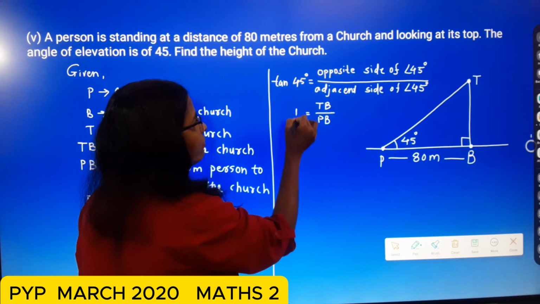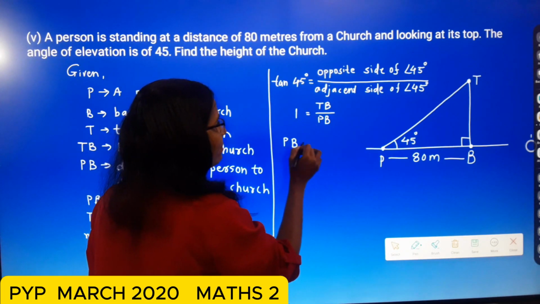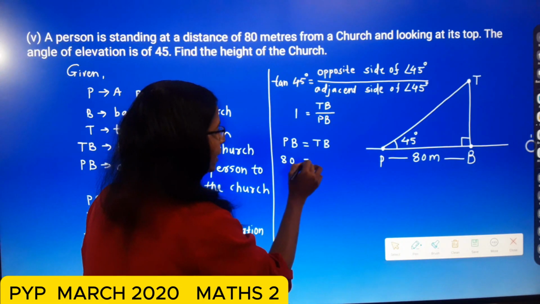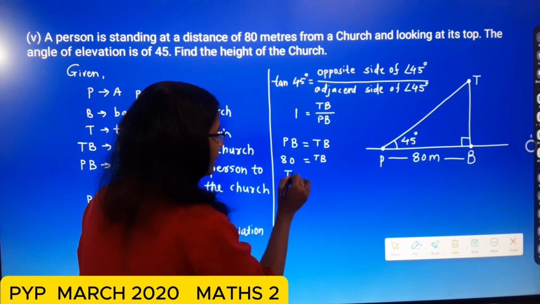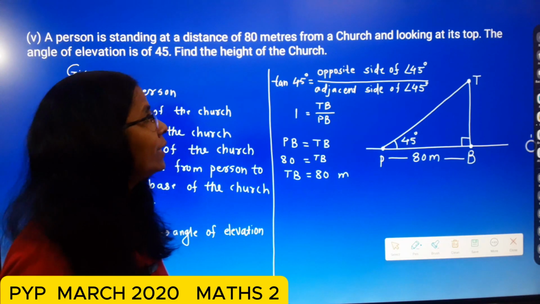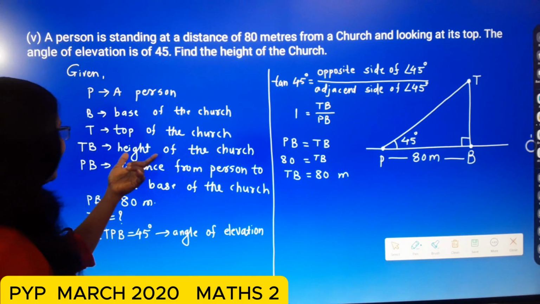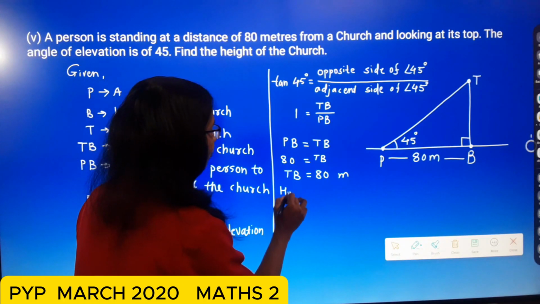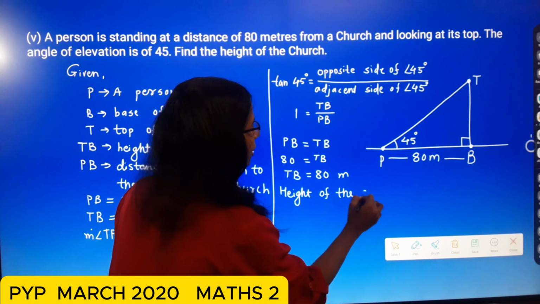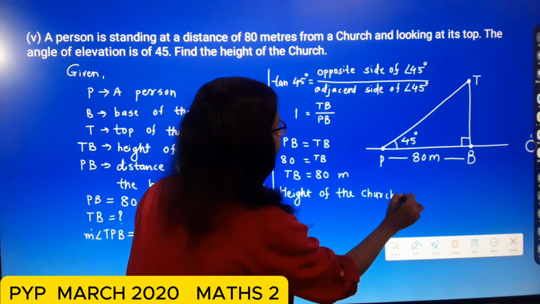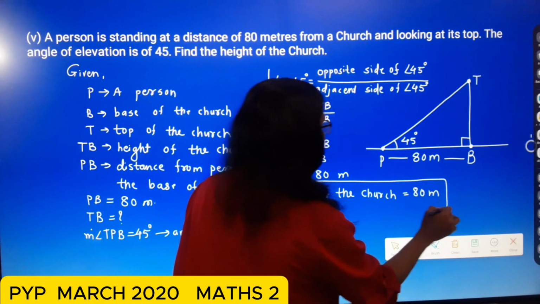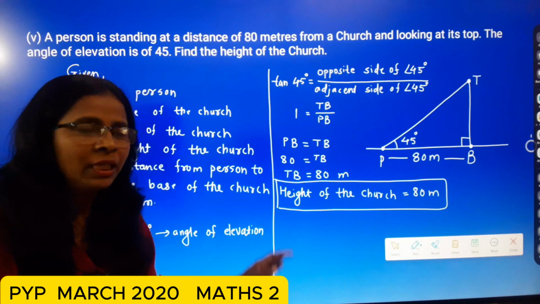And tan 45 is equal to 1, so PB is equal to TB. Now PB is equal to 80, so TB is equal to 80 meter. TB is the height of the church. So the height of the church is equal to 80 meter. Okay, students.